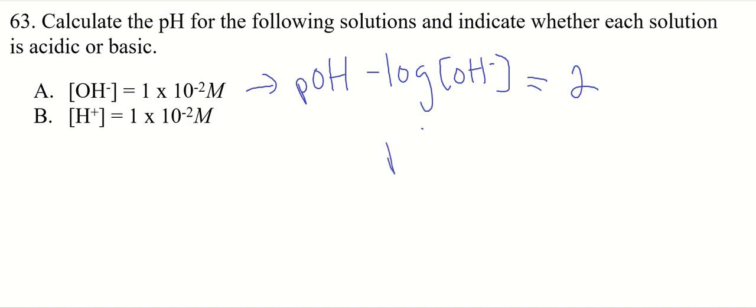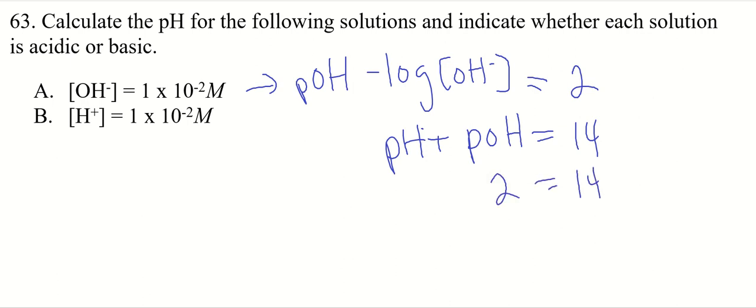So we need to know that the pH plus pOH equals 14 at 25 degrees Celsius, which we always assume in acid-base calculations, unless specified. All right, so if the pOH is 2, the question is asking for pH, so the pH must be 12.